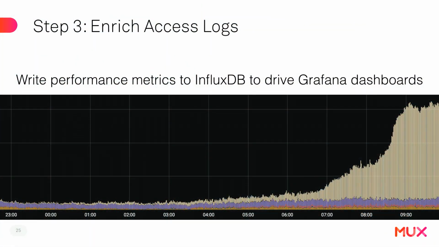And we also have the log enrichment app write performance metrics minute by minute to an InfluxDB database that drives many of our Grafana dashboards for internal monitoring. So the chart that's shown here is something that I added just this morning because we had a new customer that launched. It's a self-sign-up service, and so we can literally get bombarded with huge volumes of incoming video being ingested as well as video being delivered without any warning.